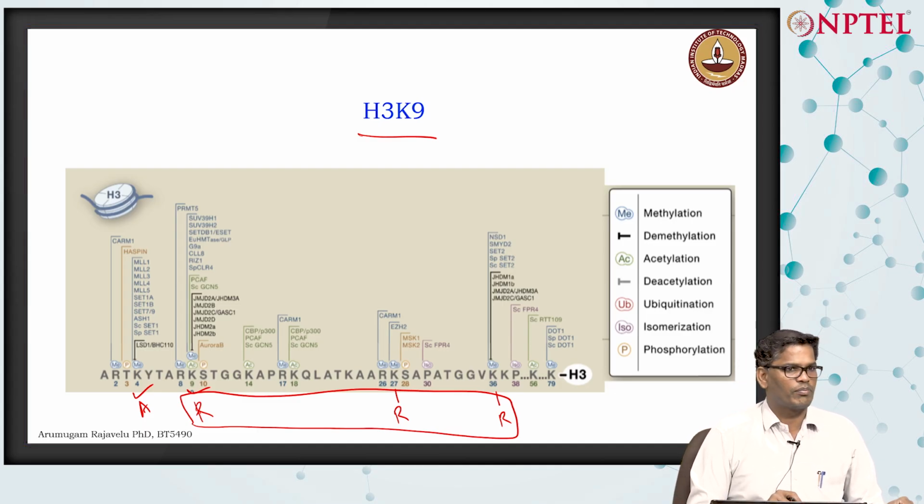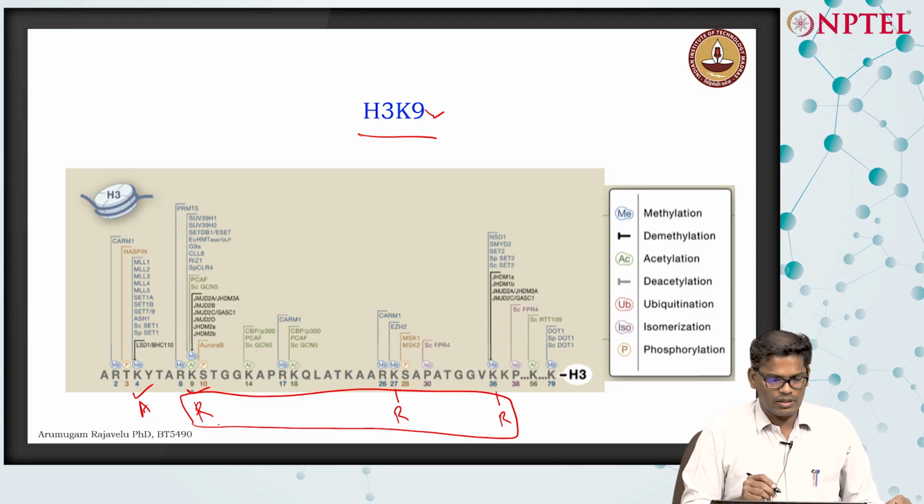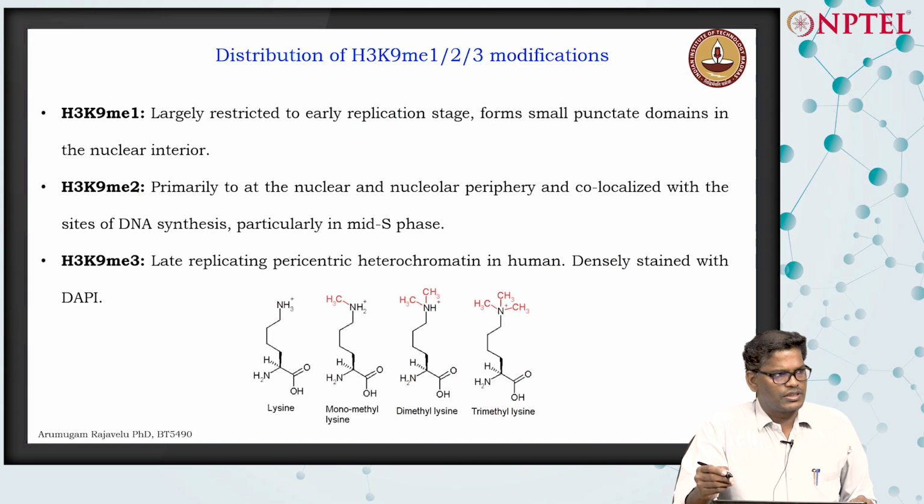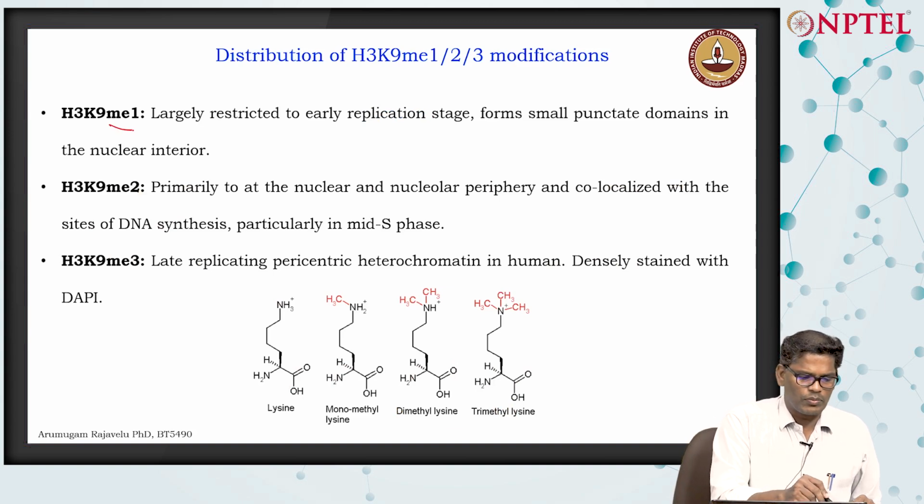This protein plays a very important role in introducing the trimethylation mark. Coming to the trimethylation mark at these positions, as I said, this is a repressive mark, a very important gene repressive epigenetic mark on the histone 3 protein. Like many other positions, this also undergoes mono, di and trimethylation.